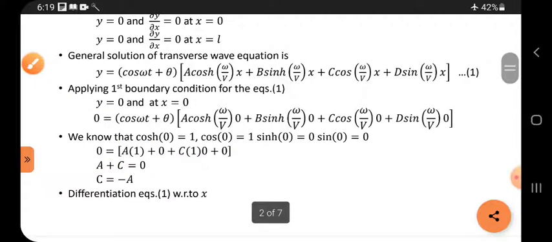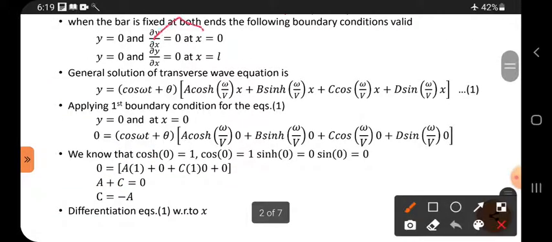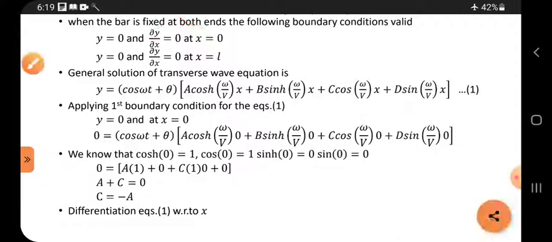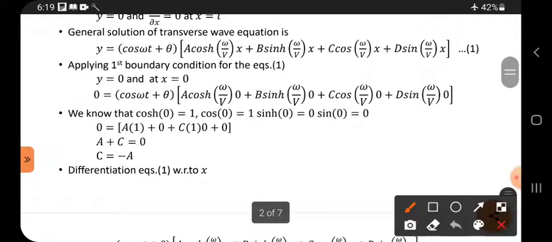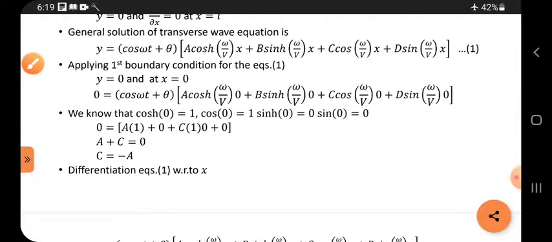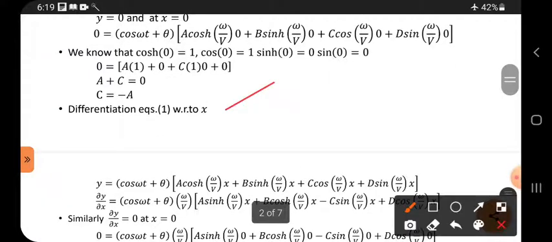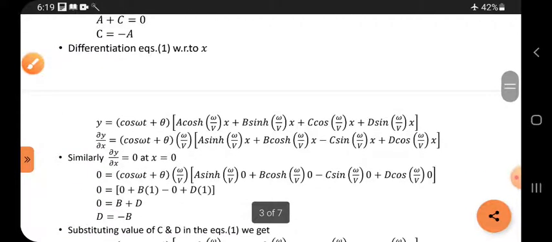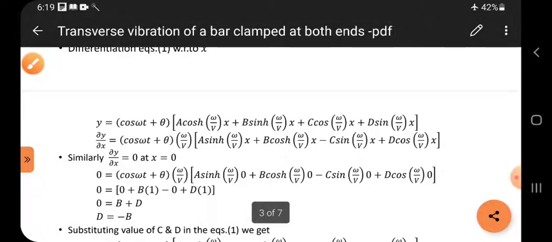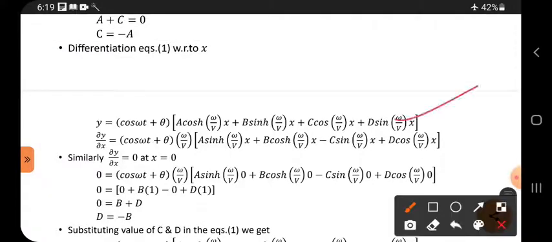Next, to apply the second boundary condition, we have to differentiate y with respect to x. First, differentiating equation 1: the bracket terms cannot be differentiated because there is no x term in them.